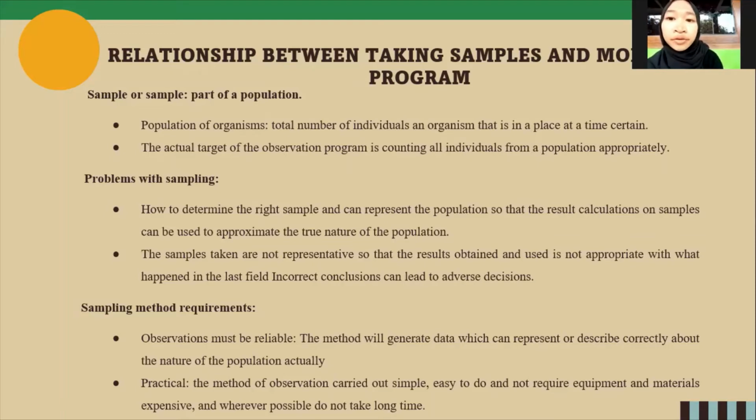Sampling method requirement: Observation must be reliable, meaning the method will generate data which can represent or describe correctly the nature of the population actually. Practical is the method of observation carried out on the sample, easy to do, not requiring expensive equipment and method, and wherever possible do not take long time.